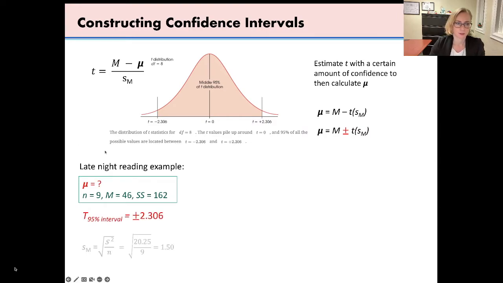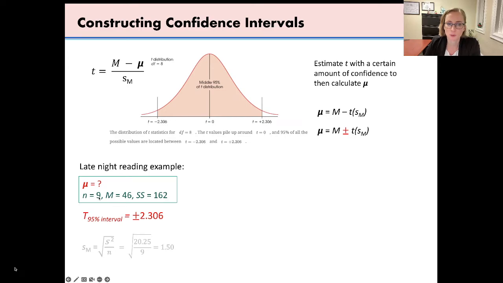So, this is the same example as we've been using before. Late night reading. Mu is unknown, but we have our n, how many people we collected, our sample, and our sum of squares. So we're going to use a t for a 95% interval. We can look that up in the t distribution table for a degrees of freedom of 8, right?